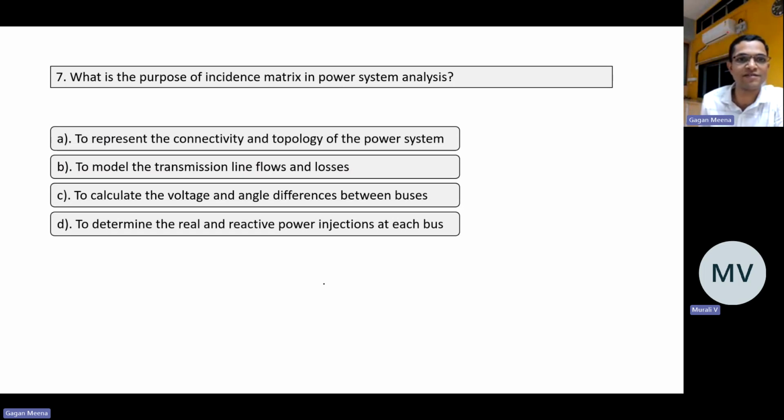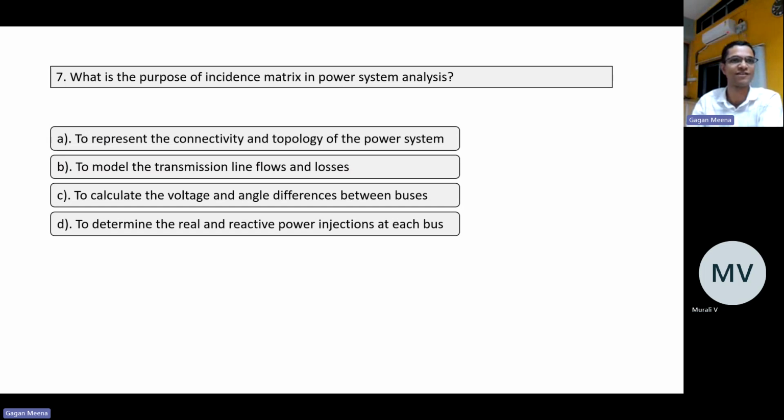What is the purpose of the incidence matrix in power system analysis? Connectivity and topology of power systems. Correct. The incidence matrix is a very generic term used in graph theory. We have borrowed that same concept from graph theory, and even the power system network we represent in terms of a graph.